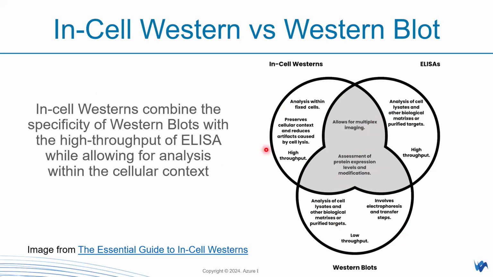So what it does is, in-cell Western can accurately quantify your intracellular proteins, like what we usually do in Western blot. Plus on top of that, you have the repeatability, quick turnaround and the high throughput of ELISA techniques.